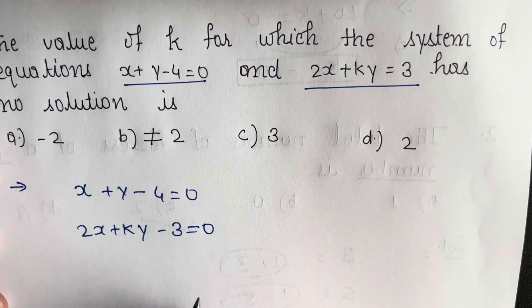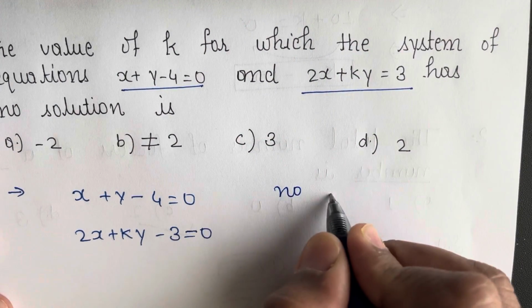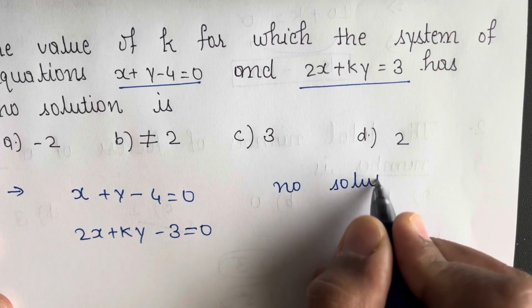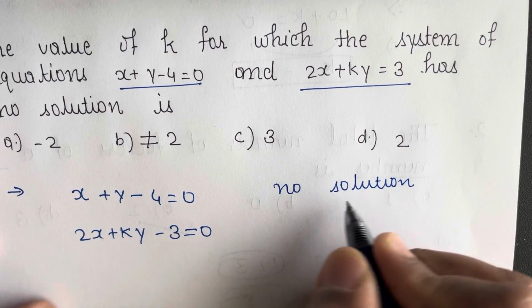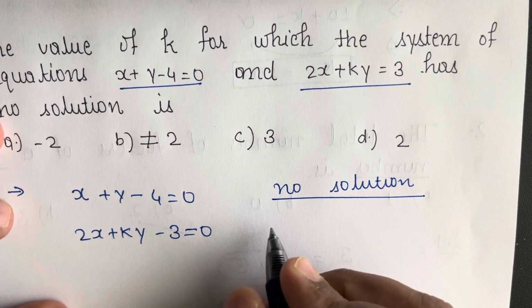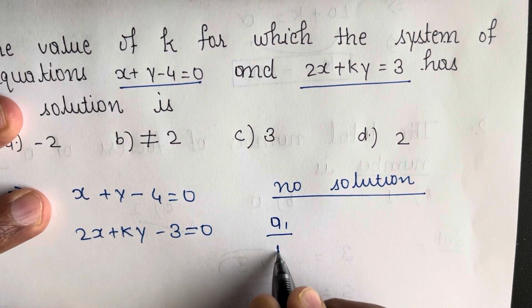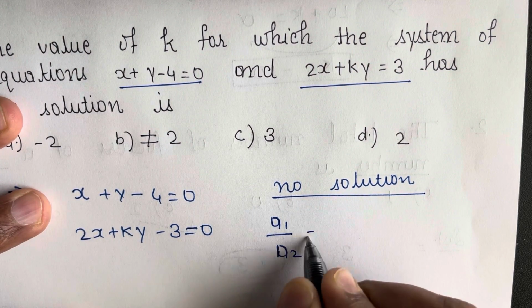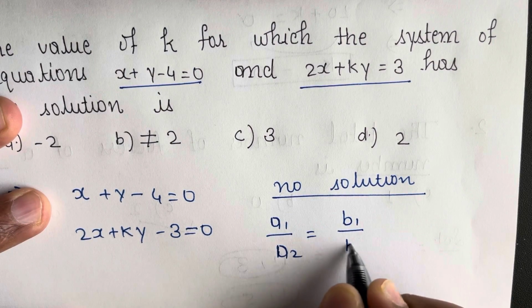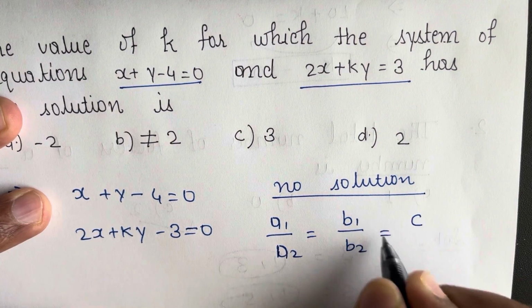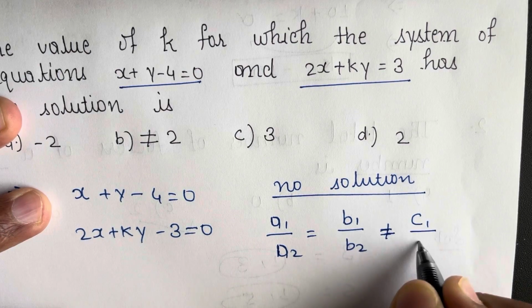So we know that for no solution for two linear equations, the formula is A1 by A2 equals B1 by B2 is not equal to C1 by C2.